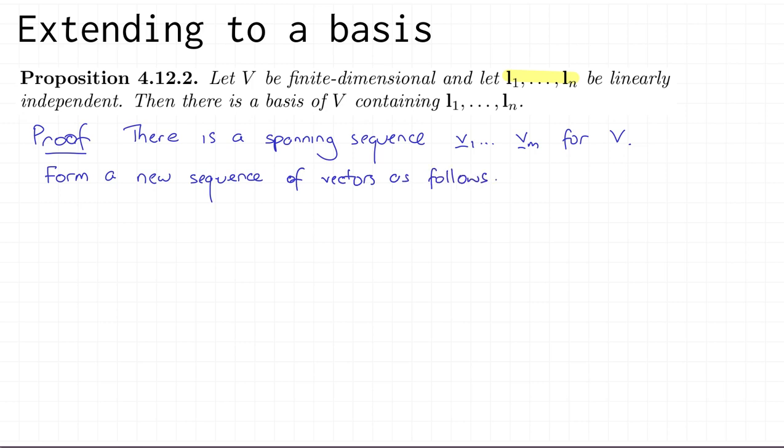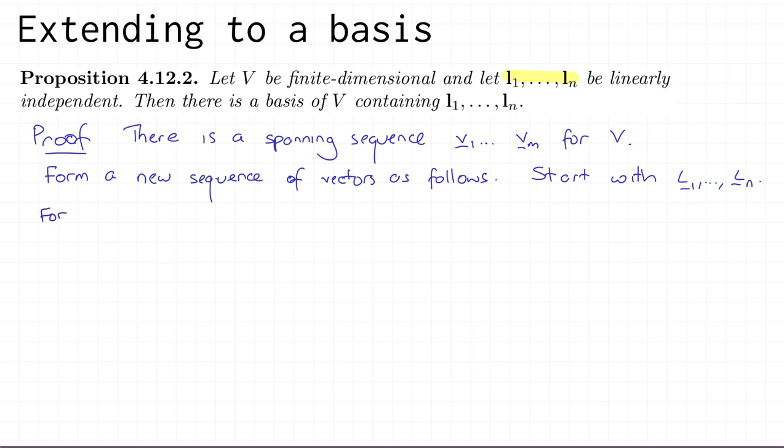To start with, our new sequence will just be L1 up to Ln. And we're going to look at each of our elements of the spanning sequence, V1 up to Vm, and then some of them we'll add to this sequence and some of them we won't.